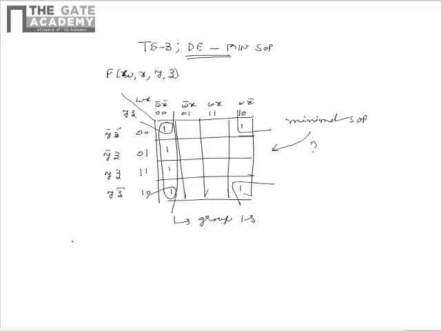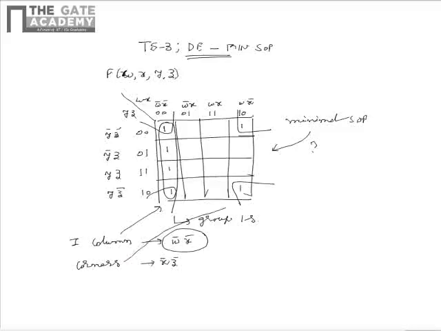The ones in the first column correspond to the term w bar x bar, because the y bar z bar, y bar z, yz, y z bar term has all the values, because of which the first column can be represented as w bar x bar.